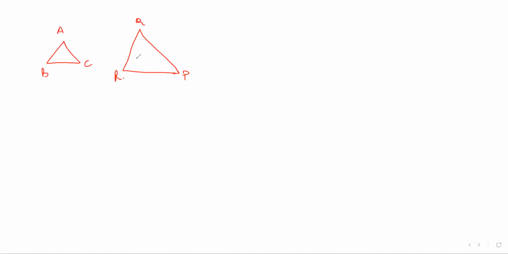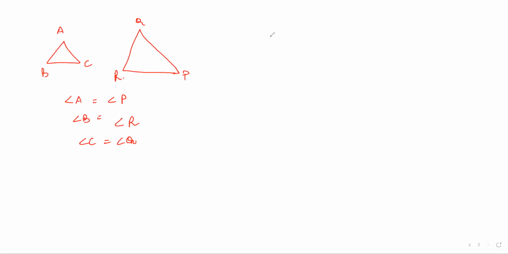All right, so these are the two triangles. Now I'm saying angle A is equal to angle P. In this triangle, angle B is equal to angle R, let's say, and angle C is equal to angle Q. So how will I write that they are similar?